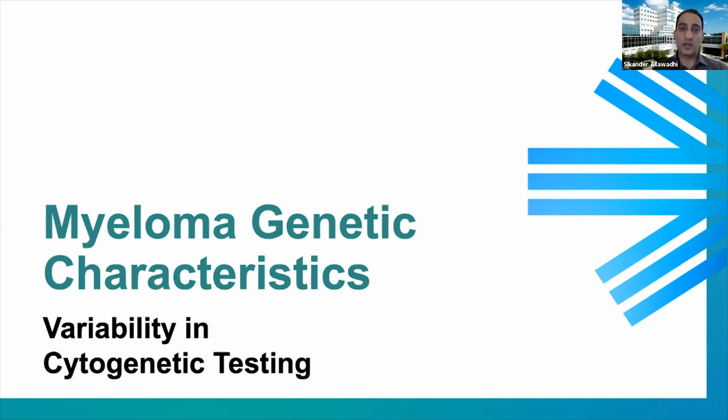Actually, what I wanted to talk about was variability in cytogenetic testing, because while it's important for each and every one of you and every single patient to know what these cytogenetics mean, it's also very important for you to know that when you're handed that report with, well, this is your FISH test, how am I supposed to interpret that? How am I supposed to say, well, these are the 3 things that came out significant and the rest is not? At least looking at that report, what can I say?